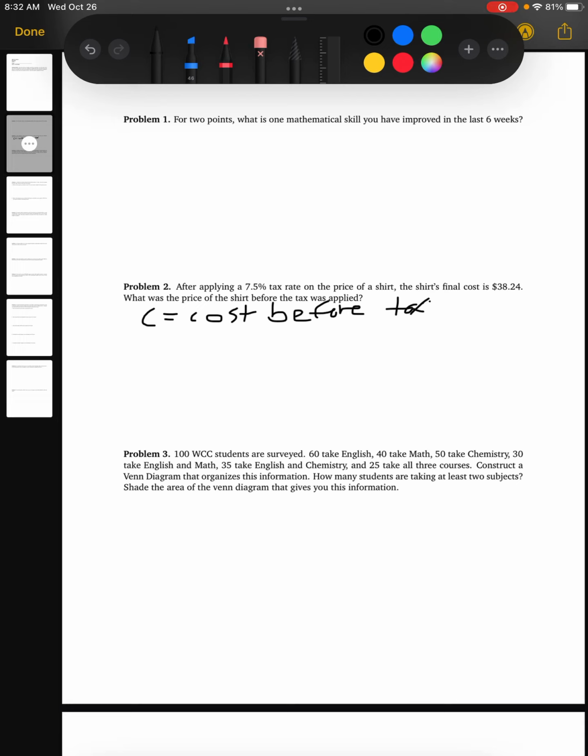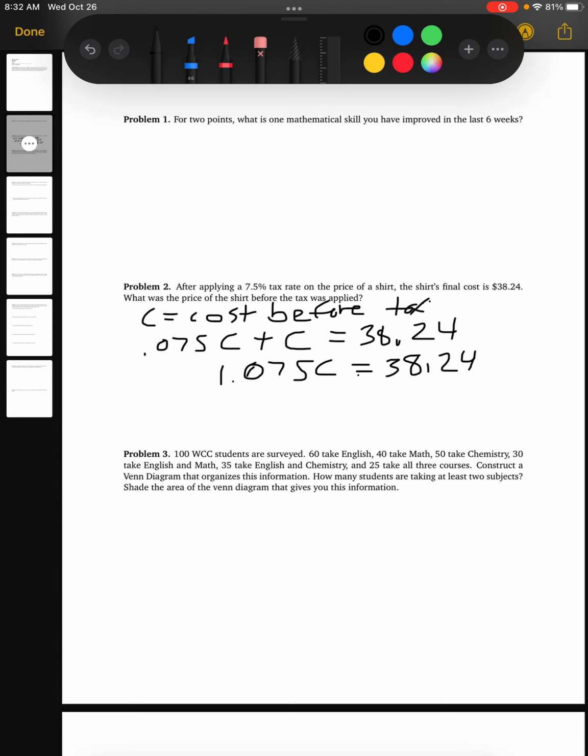And so if I take 0.075 times the cost of the shirt before taxes, and then add that to the cost of the shirt, that should give me my final price, $38.24. So this should be 1.075C is equal to 38.24.